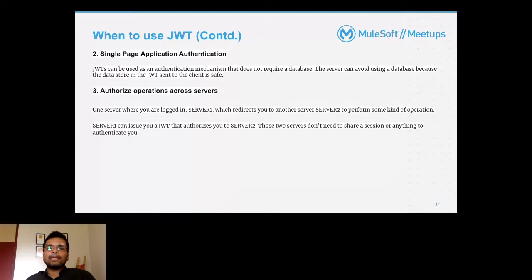If you create an application in MuleSoft, deploy it to CloudHub, and let's suppose the front end is calling you with a JWT token, if the JWT token is huge in size, those requests will start failing.